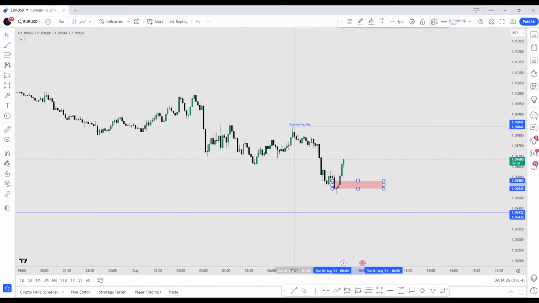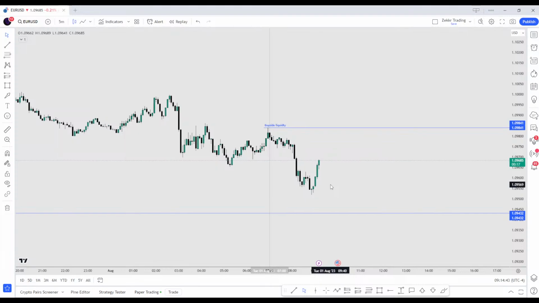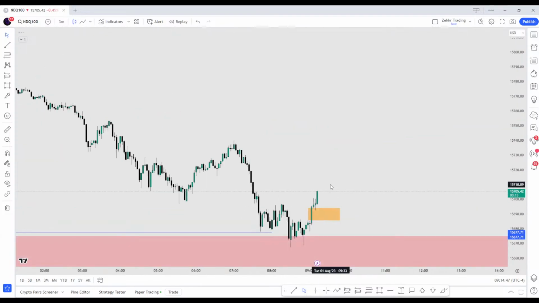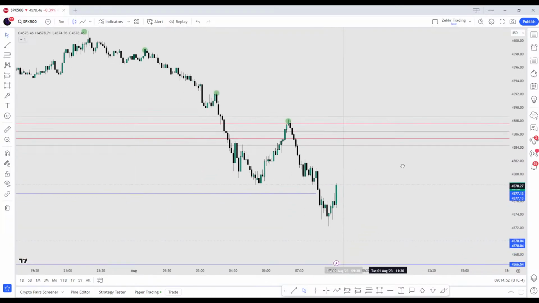The fair value gap got disrespected, so it's a nice buy. Right here, displacement. Oh my god, Nasdaq is just respecting this FVG.